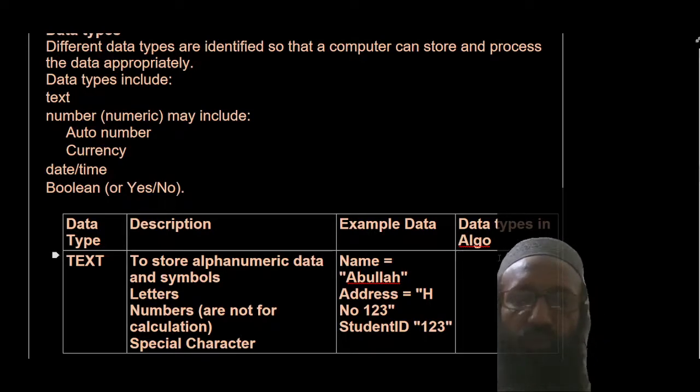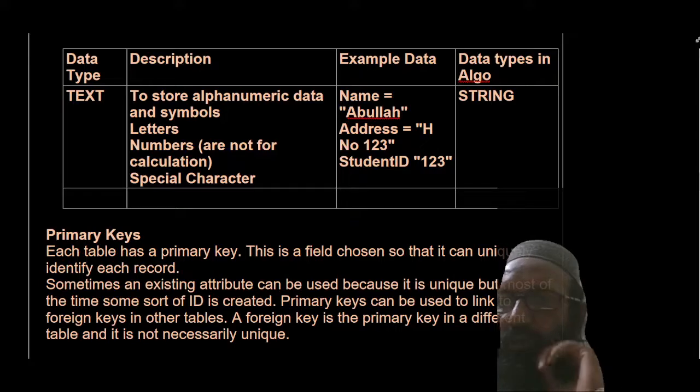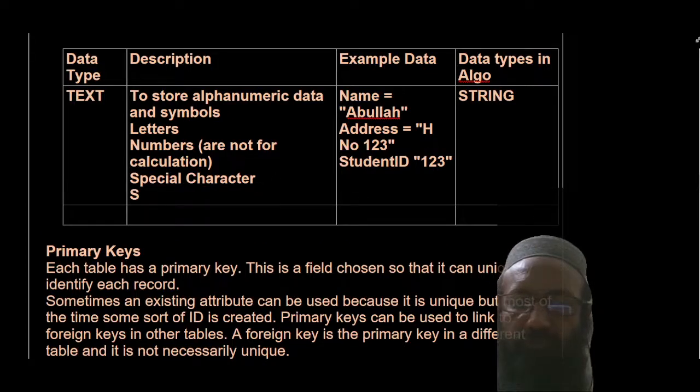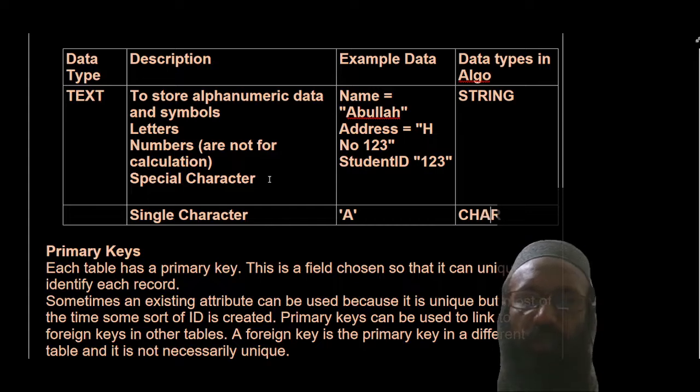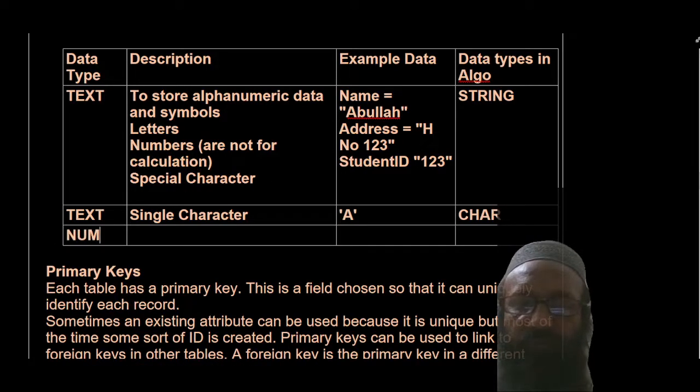This data type is known as string in algorithm or programming, right? Acha. Here we can store single or multiple characters. Single character like a is known as char in programming, but in database it is also known as text. Then we have numbers.